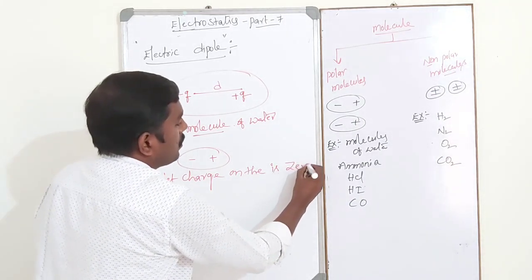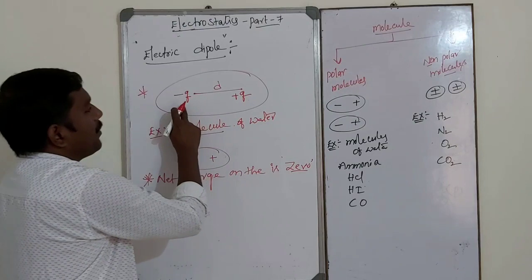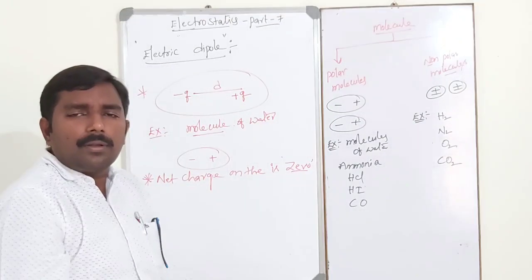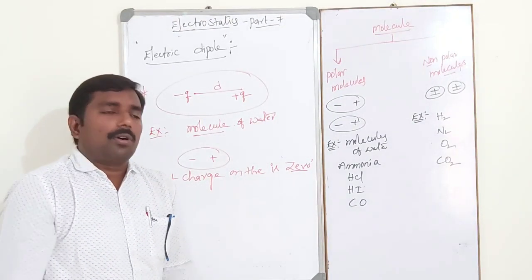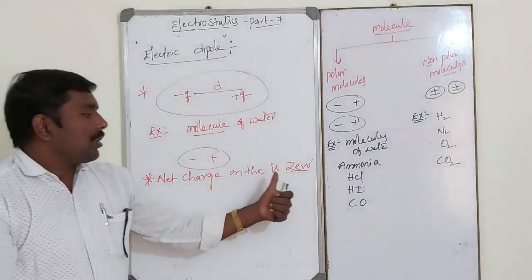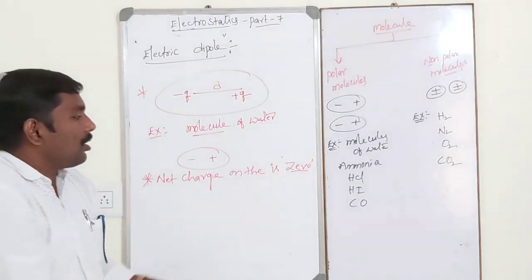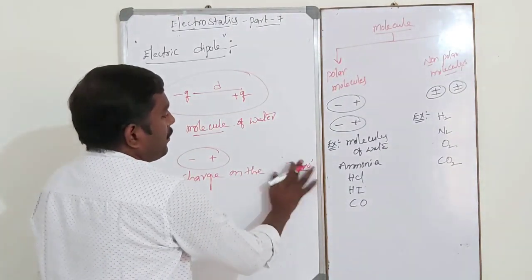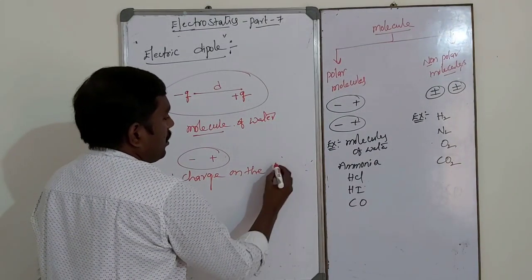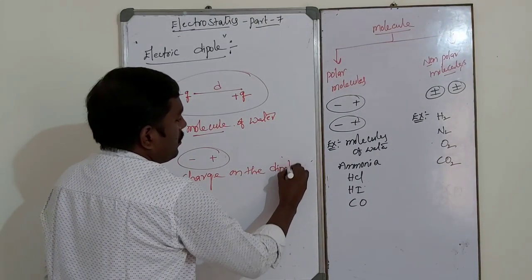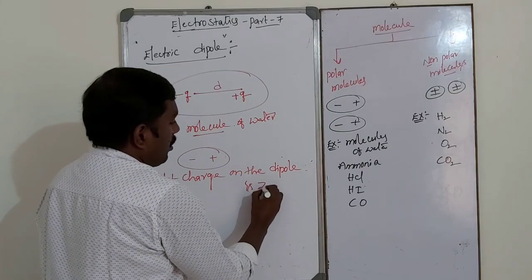Zero. Because minus q plus q, minus 1 plus 1, is equal to 0. Net charge on the dipole is 0.